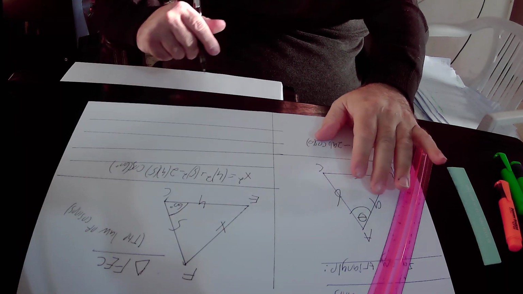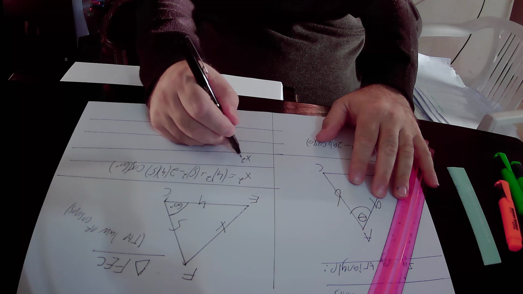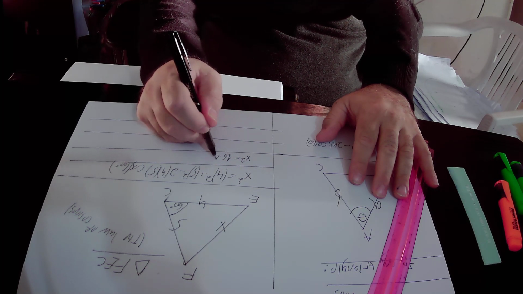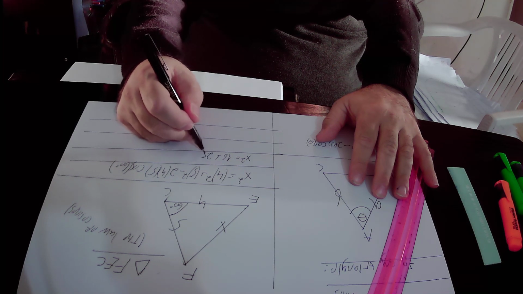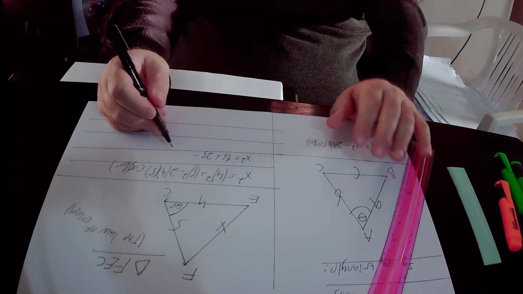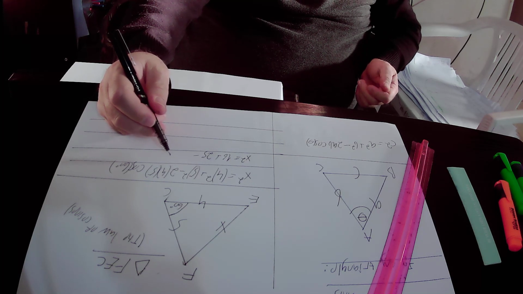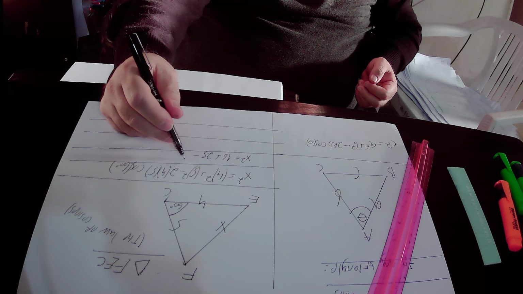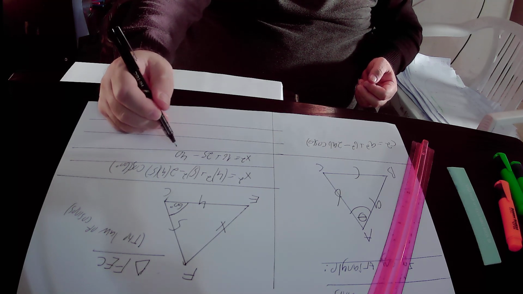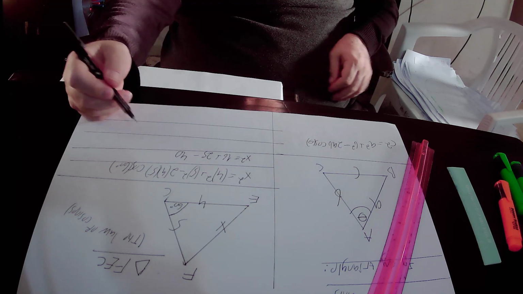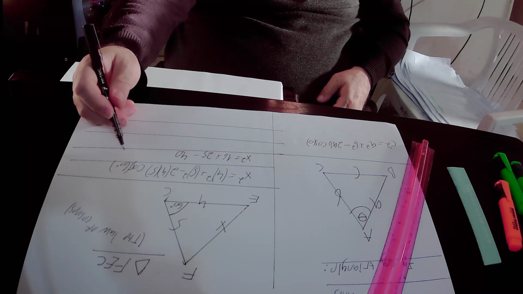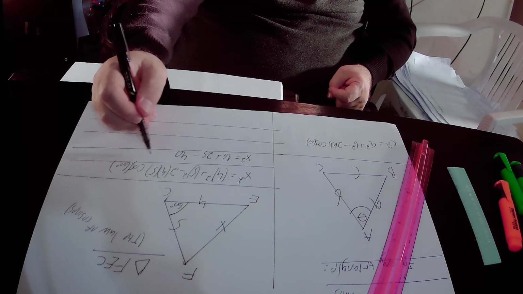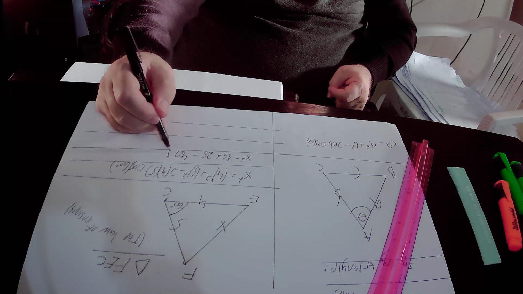So we found out that x squared equals 4 squared, that is 16, plus 5 squared, that is 25, minus 2 times 4 is minus 8, and minus 8 times 5 is minus 40, times cosine 60 degrees. Cosine 60 degrees equals 1/2, so we substitute cosine 60 degrees by 1/2.